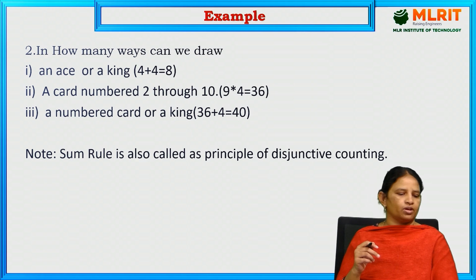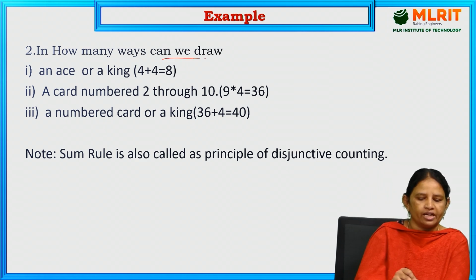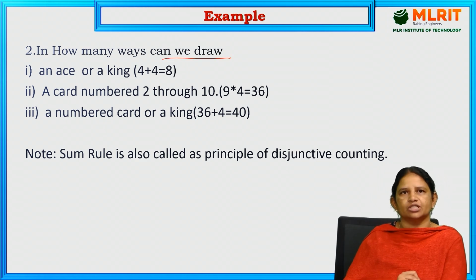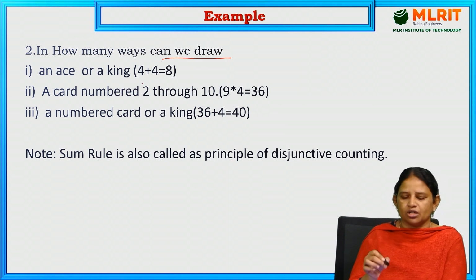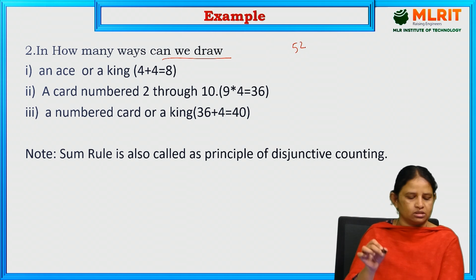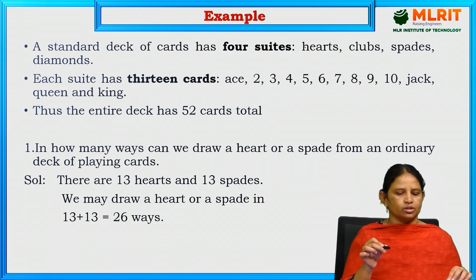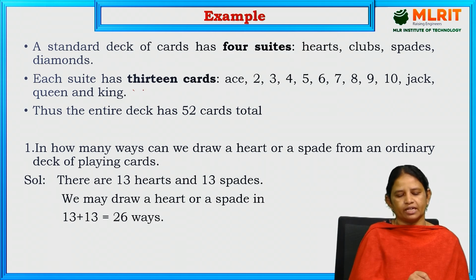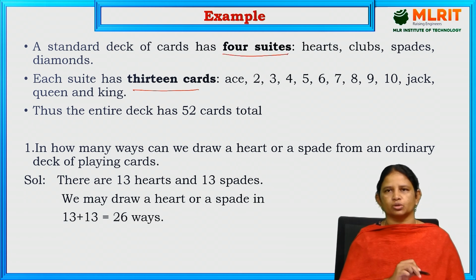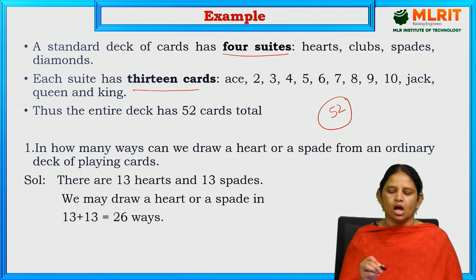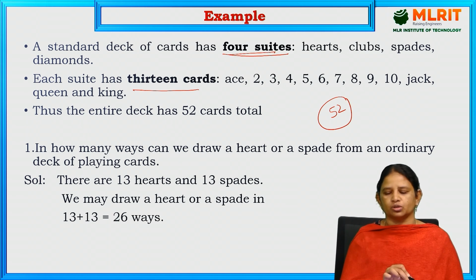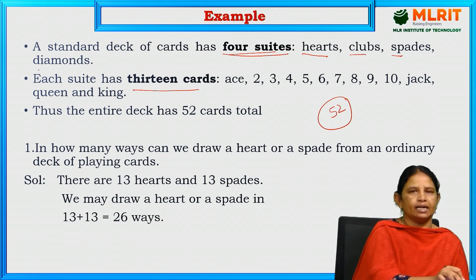And consider one more example. In how many ways can we draw an ace or king? In the case of a standard deck, there are 52 cards in total. Out of 52, there are 4 suits: hearts, clubs, spades and diamonds.